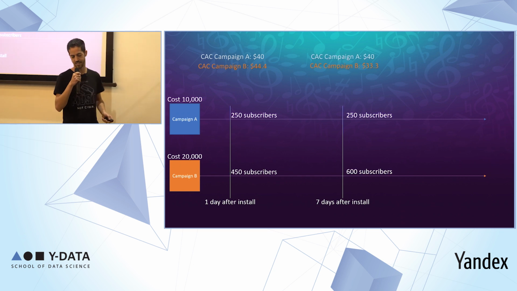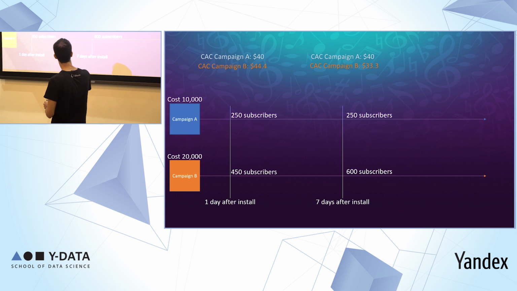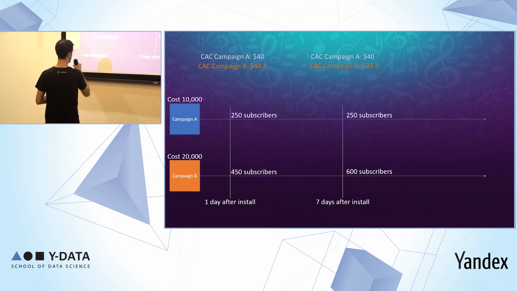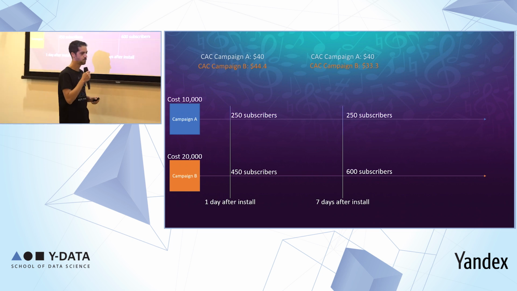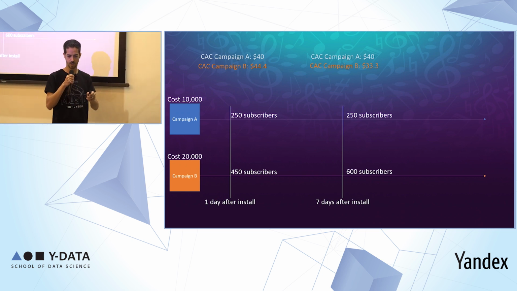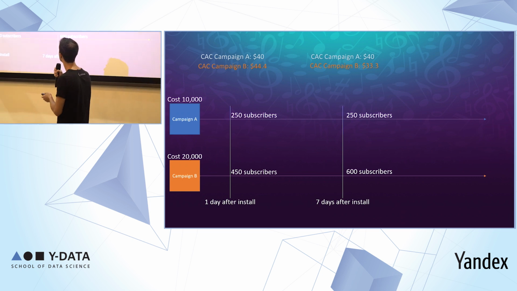But if we judge the same campaign on the same date, we would have gotten a completely different result. And why is that? It's because of the 7 days free trial. And I reminded you that unlike the numbers here, most of our subscribers chose this plan.